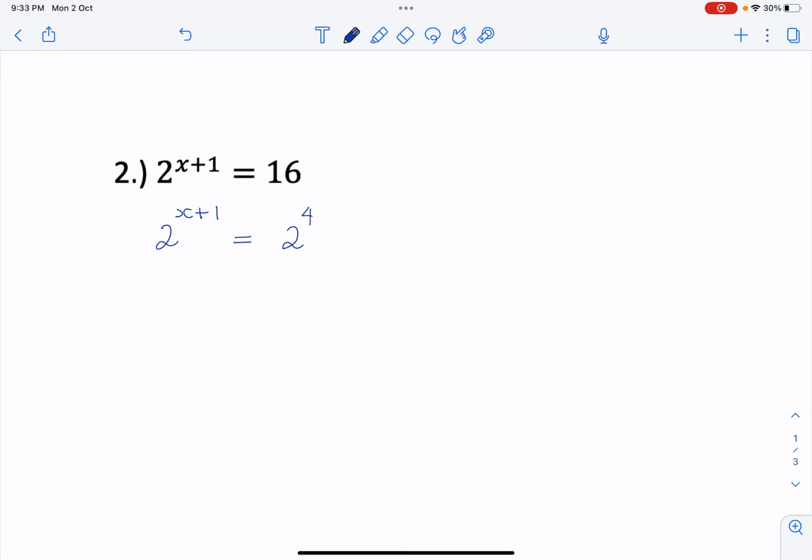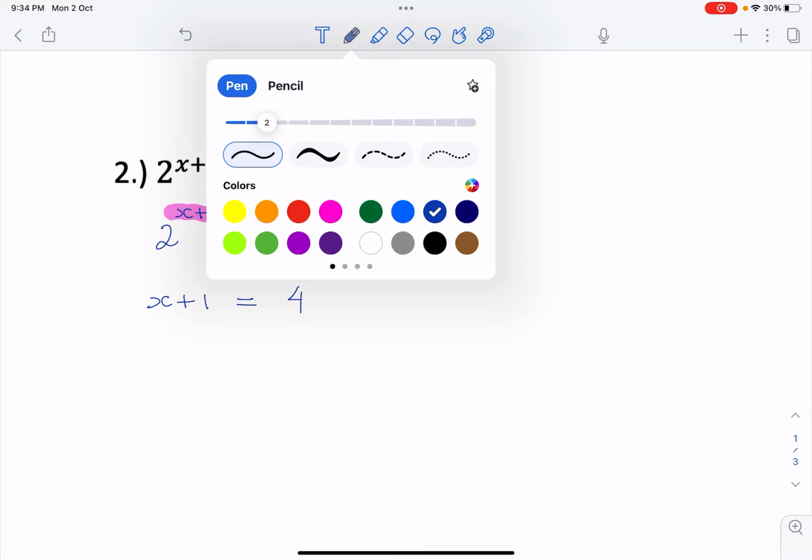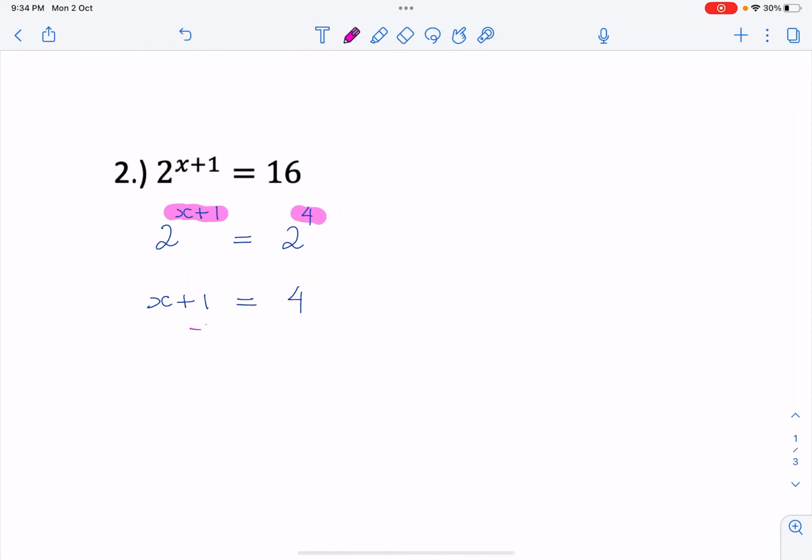Now again, both sides have the same base already, so we can derive a conclusion that the exponents must be the same. So x plus 1 must be equal to 4, which, just as solving a normal linear equation, we subtract 1 from both sides, so we have x equals 3.